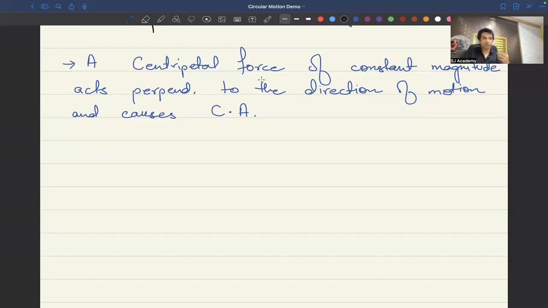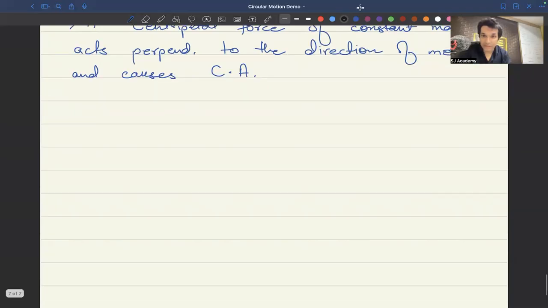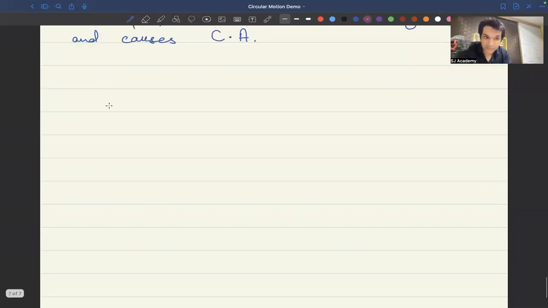And when we talk about Earth orbiting the sun, that is basically caused due to gravitational force. So this centripetal force can be due to different reasons. It could be friction, it could be tension, it could be gravitational force. Something that we'll have to remember is that centripetal force and centripetal acceleration will always be directed towards the center.